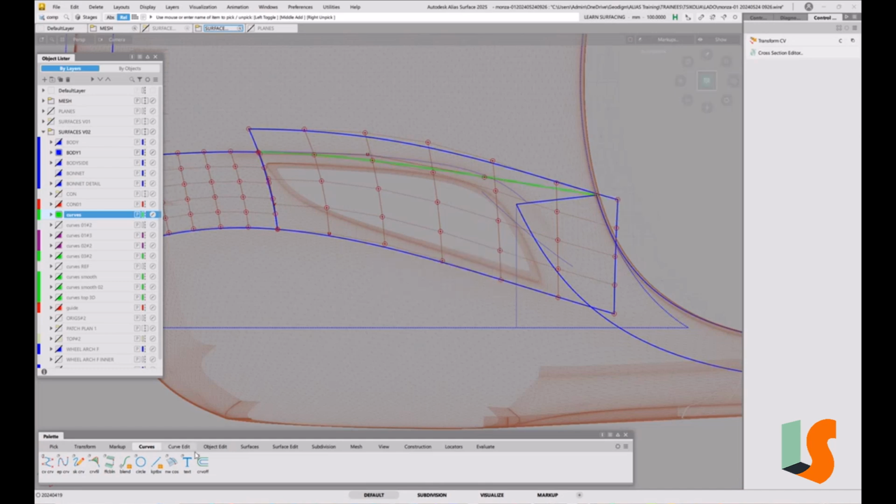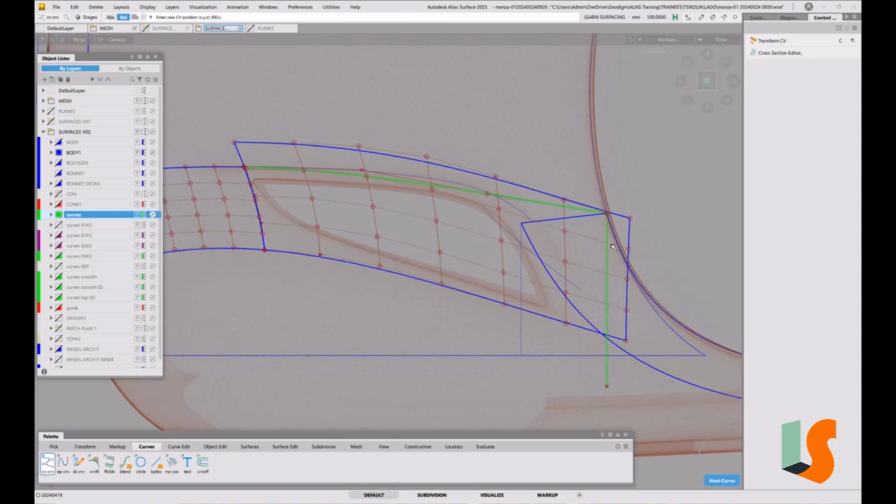So I'll just make sure I'm in the top view, and we do Control and then across to create this line this way. So first of all, trim convert only works when the curves go from one edge to the opposite edge. So trim convert to this curve would work, trim convert to that curve wouldn't work initially, and so we need to think about the order of doing these things.